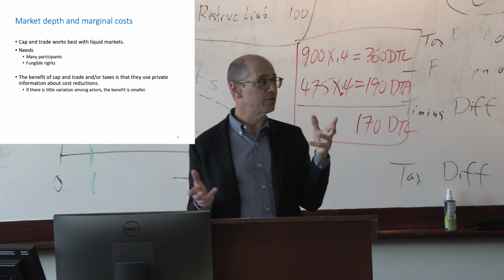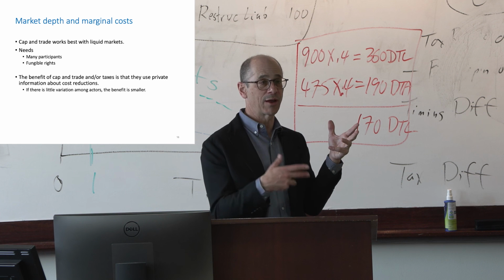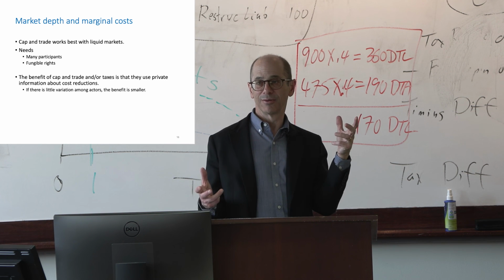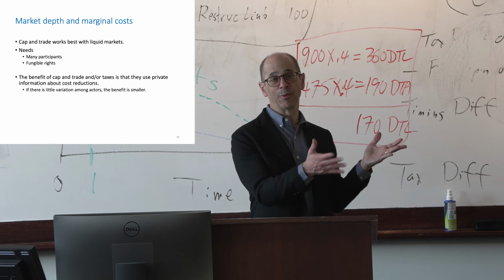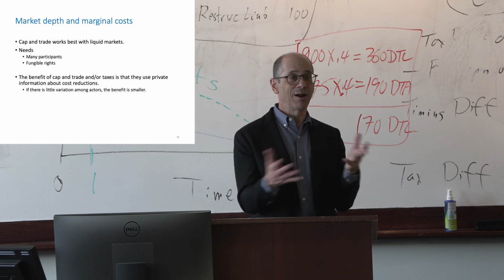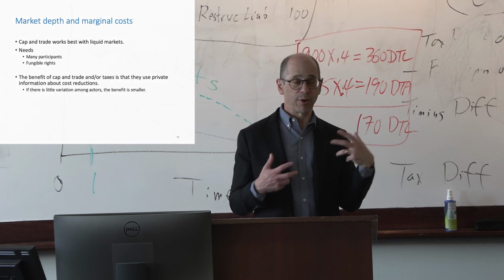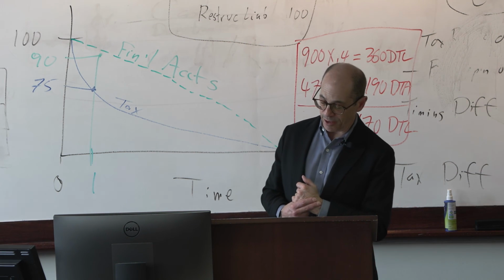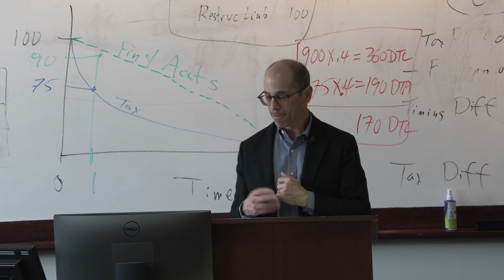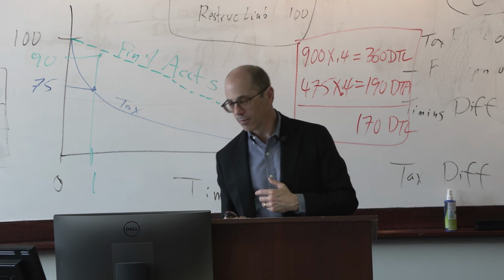And so the gains from cap and trade systems kind of vary directly with how much different the marginal costs are among polluters. But if there's not a lot of difference, the government can just tell people what to do because they kind of know. Whereas if there's really different private information about marginal cost of pollution reduction, then the benefit of cap and trade is all the more. Well, that's kind of all I've got.